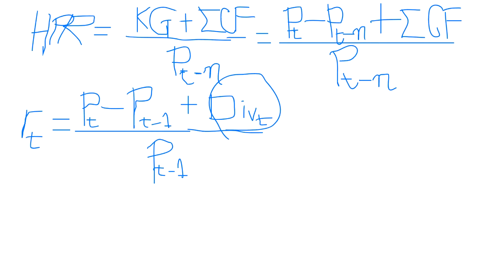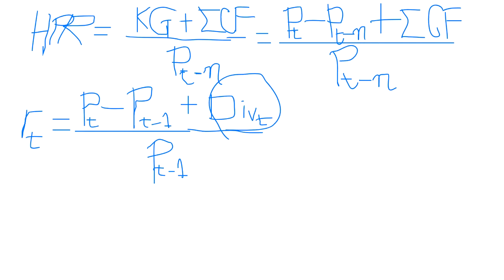Apple actually did that. Apple stopped paying dividends for almost 10 years in the early 2000s, and then started to pay dividends again from around 2012, if I remember correctly.